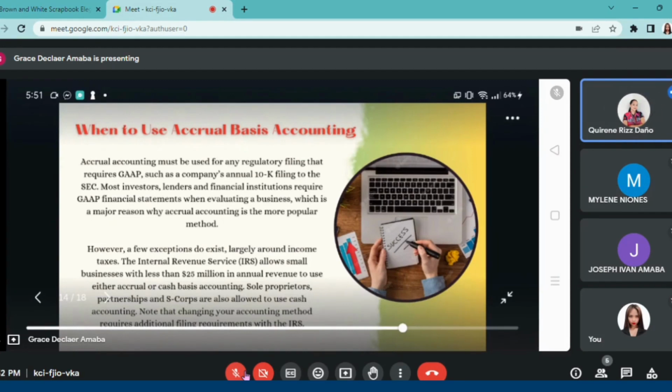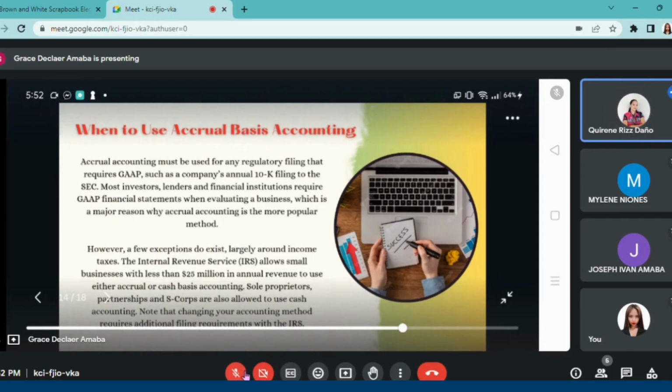However, a few exceptions do exist, largely around income taxes. The Internal Revenue Service allows small businesses with less than 25 million US dollars in annual revenue to use either accrual or cash basis accounting. Sole proprietorships, partnerships, and S corps are also allowed to use cash accounting. Note that changing your accounting method requires additional filing requirements with the IRS.